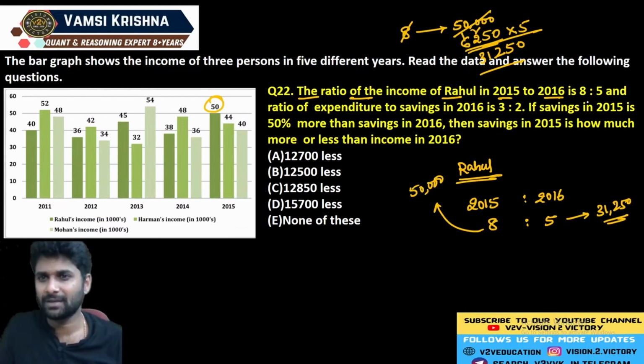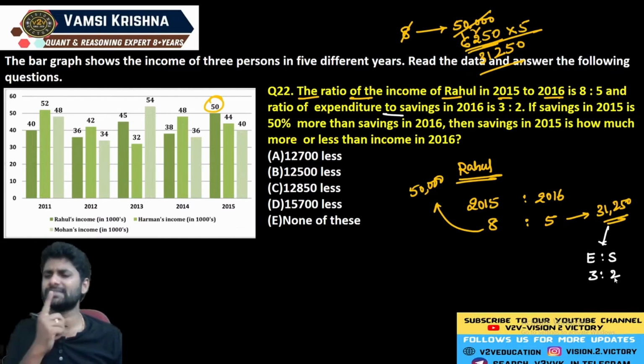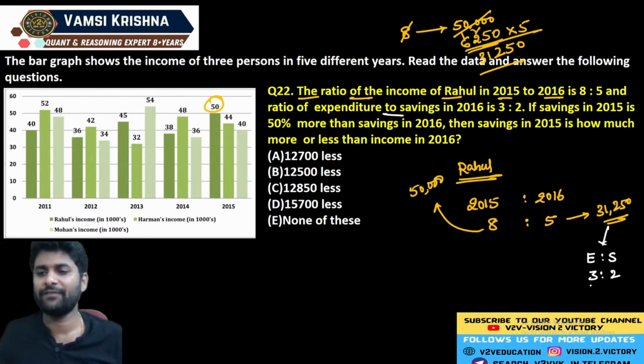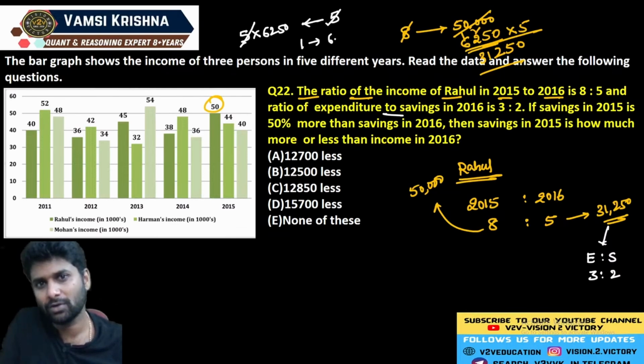Now go through the next data. The ratio of expenditure to the savings in 2016 is exactly equal to 3 is to 2. You already know that income means expenditure plus savings. If it is 5 rupees of income, 3 rupees is expenditure, 2 rupees is savings. Here 5 units is 31,250, so each unit is 6,250.